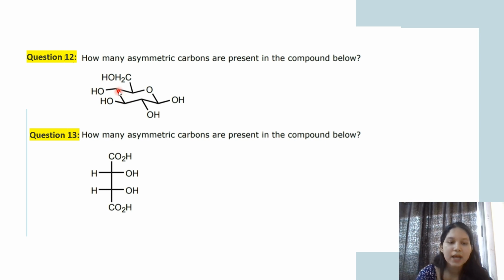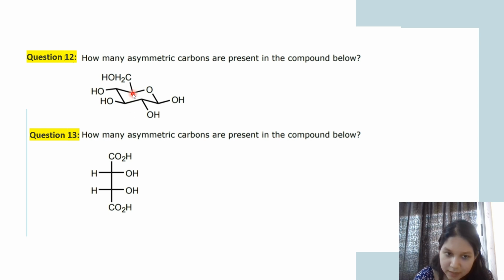Then this is the fourth carbon atom. This is also connected to 4 different substituents: one hydroxyl, one alkyl chain, a different alkyl chain, and then one axial hydrogen will be present here. And the last carbon atom of the pyran ring is connected to one ether linkage in this way, one CH2OH group in this way, one alkyl chain in this way, and one axial hydrogen will be present here.